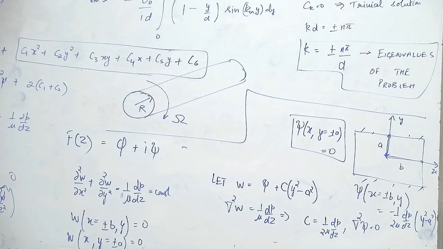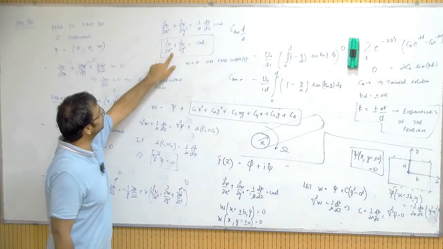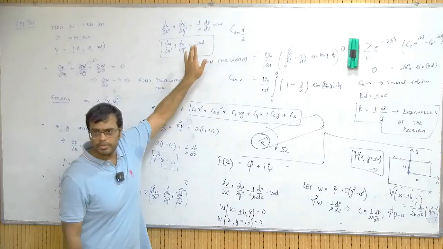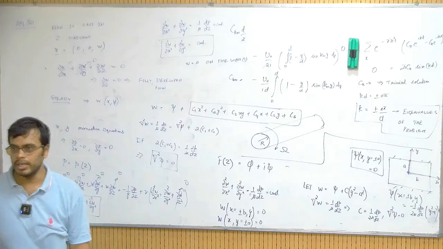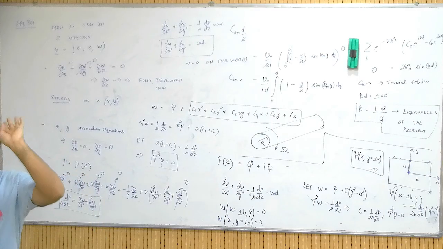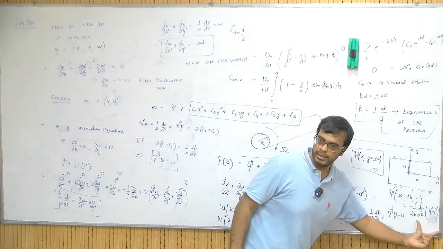Whenever we are solving this 2D equation where you have del square by del x square plus del square by del y square equals a constant, this is a very standard trick in 2D PDEs. The trick is that you want to remove that constant, you want to get a 0 there, and to get that 0 you eventually end up putting some function in the boundary condition.